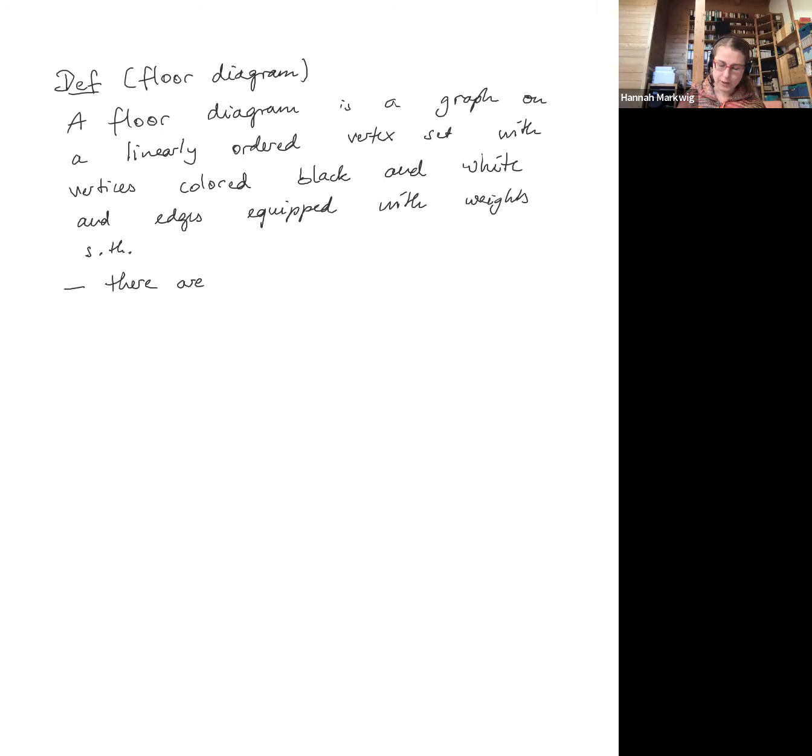There are d white vertices and 2d plus g minus 1 black vertices.